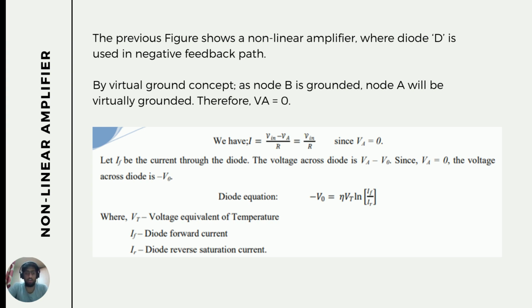So the diode equation is seen here, with minus V naught, as you can see in the equation. Here VT is the voltage equivalent of temperature, IF is the diode forward current, and IR is the diode reverse saturation current. And nu is a constant.